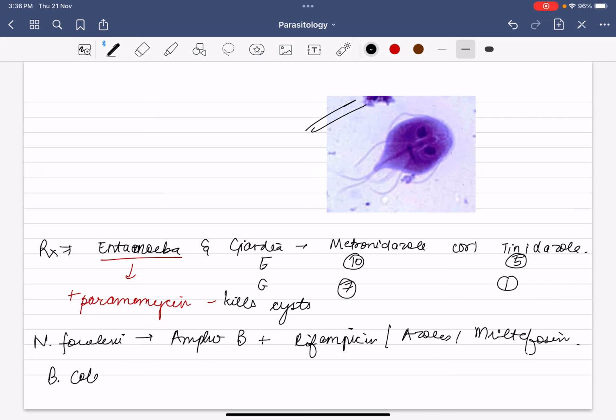And for B. coli, we use tetracycline or metronidazole for 10 days. So this was the first part of parasitology.